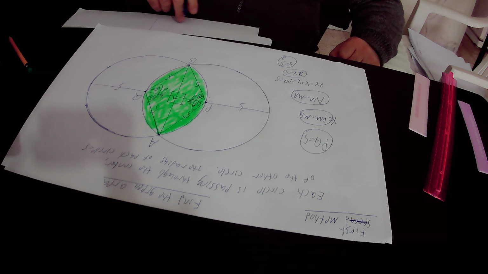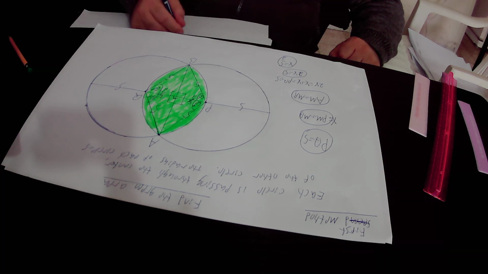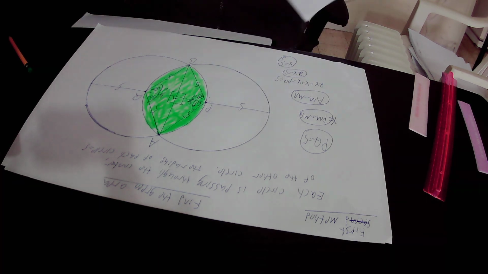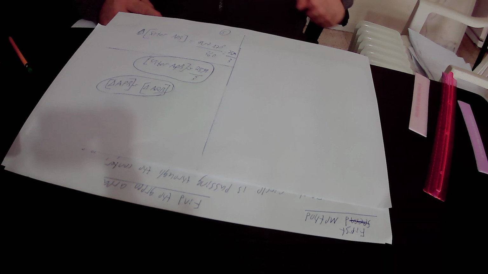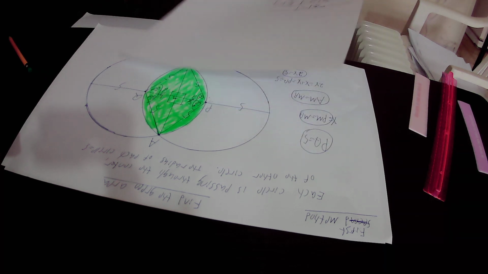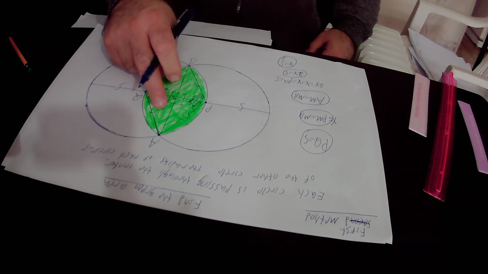So, in conclusion, first of all, we know that the area of triangle APB equals the area of triangle AQB. And what is the area of sector AQB?